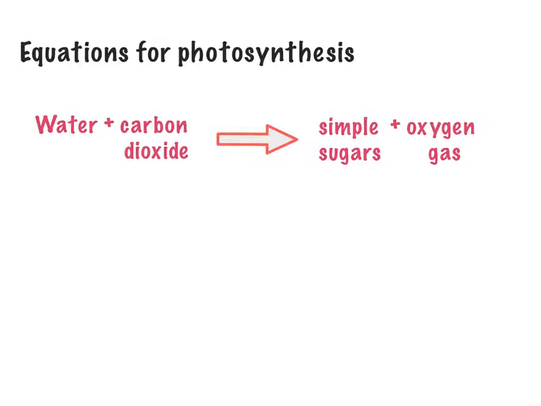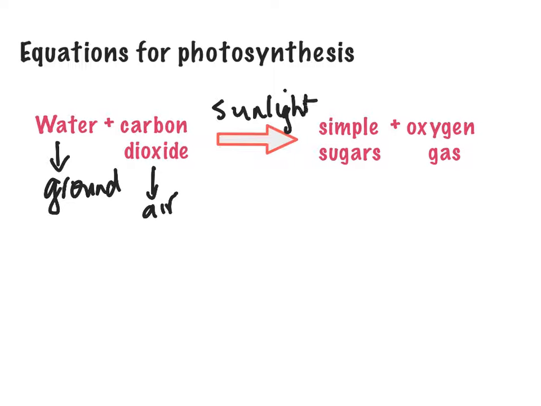So what happens is a plant takes water from the ground and carbon dioxide from the air, takes it inside the plant, and using sunlight and that green stuff called chlorophyll creates simple sugars like fruit sugars and glucose and various other simple sugars. And also we know that one of the big things about this is it produces oxygen gas.